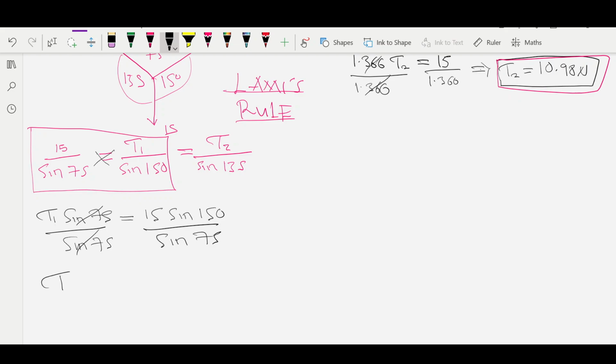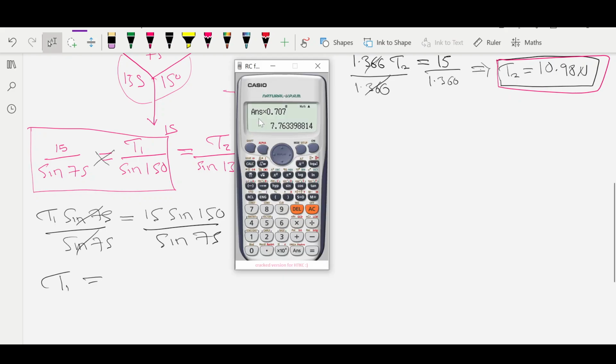Our T1 will equal 15 sine 150 divided by sine 75.